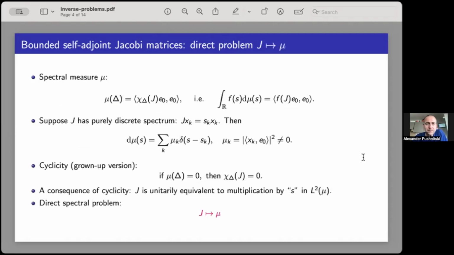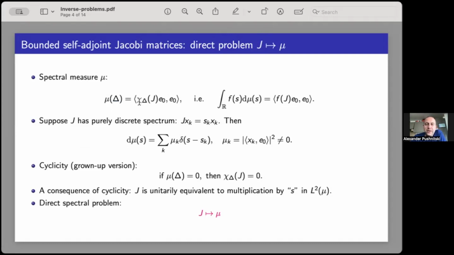Okay. So now let me discuss, I'm slowly getting to inverse problems, but before inverse problems, we have to understand the direct problem. So what is the spectral measure of this Jacobi matrix? The spectral measure is defined in the standard way.